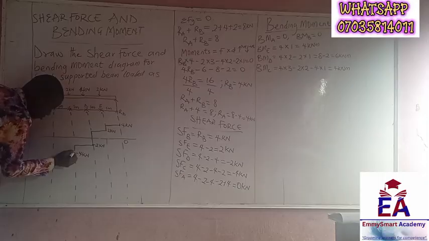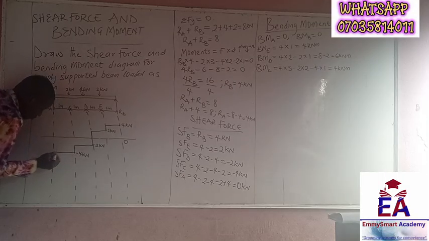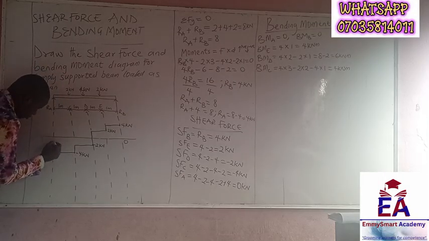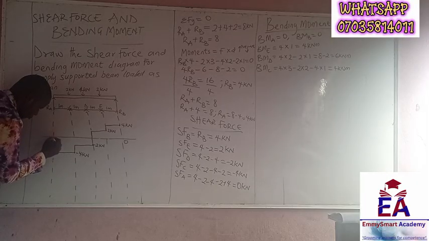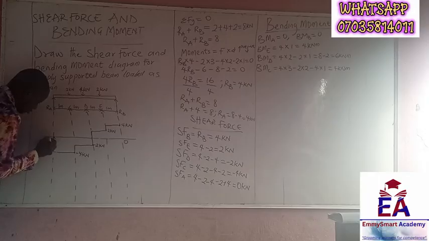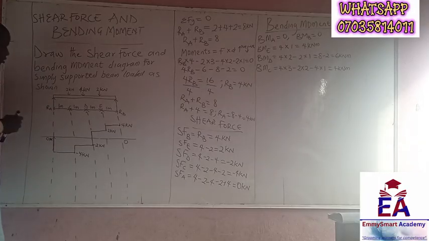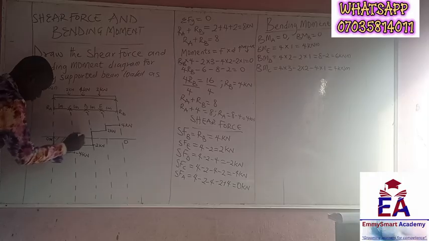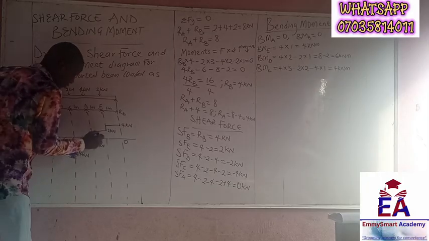I'll maintain this minus 4 kilonewton up to this point and then go back towards 0 kilonewton. Okay, that's basically the diagram for the shear force. So I can shade this part negative, and this part positive.